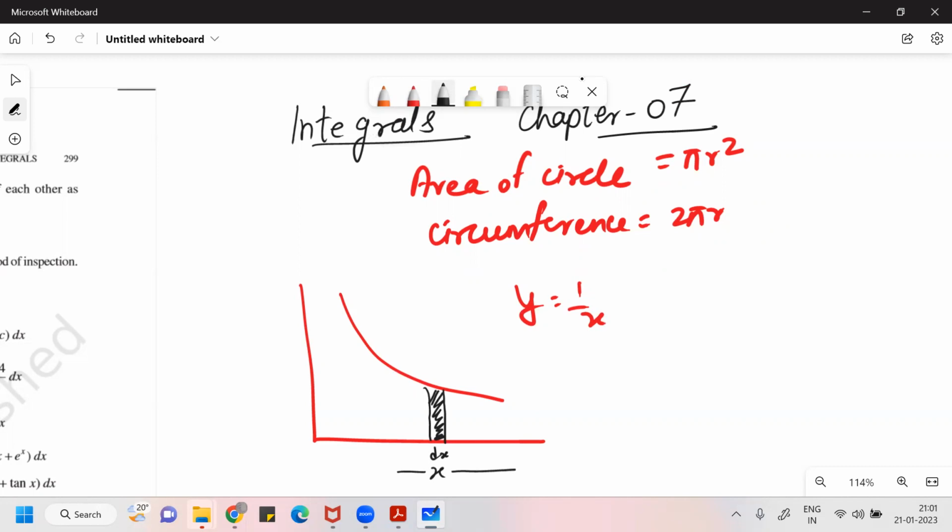And if I talk about this length, this is the width, suppose. What is your length? Your length would be f(x), a function of x. If I ask you what is the area of this curve, you just need to find the area of this small part. Consider it as an infinitely small rectangle.